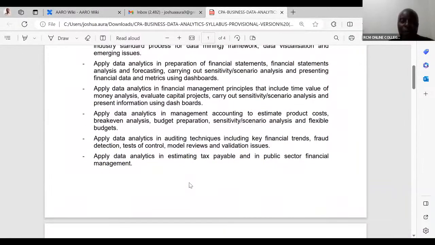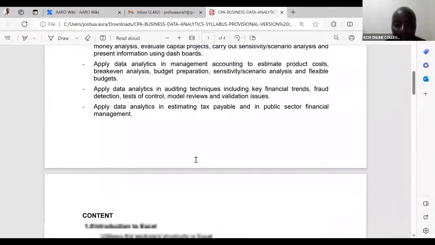Ladies and gentlemen, we have learning outcome number 5. Apply data analytics in estimating tax payable and in public sector financial management. So public sector financial management, we shall be looking at basically the budgeting, variance analysis, etc.